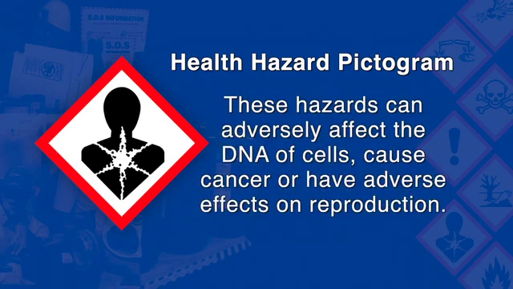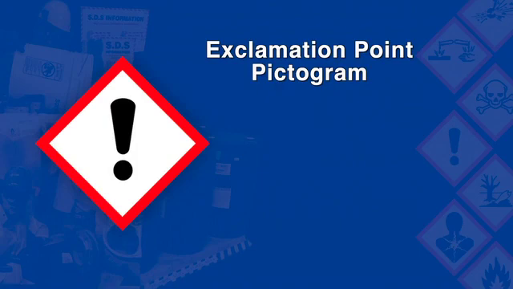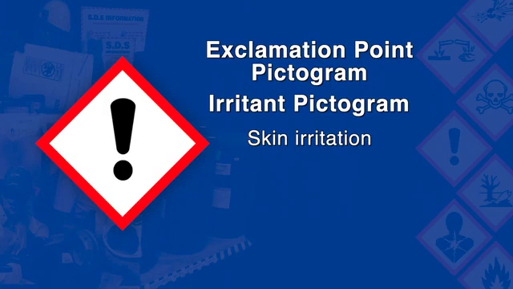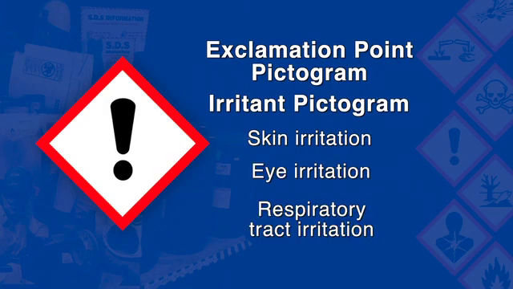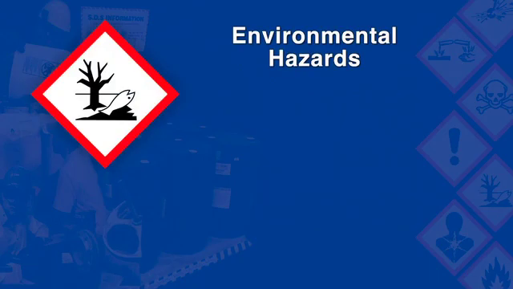These hazards can adversely affect the DNA of cells, cause cancer, or have adverse effects on reproduction. The exclamation point pictogram, sometimes called the irritant pictogram, represents the health hazard classes which include skin irritation, eye irritation, and respiratory tract irritation. There are also pictograms to represent environmental hazards.